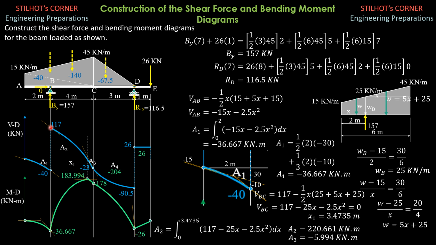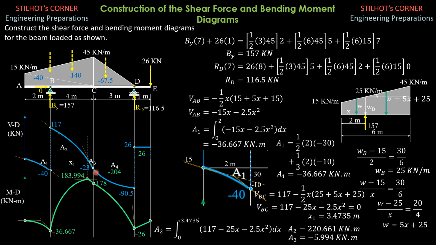So joining these 2 points with a curve tangent to the initial tangent and the final tangent, or you just describe that the tangent line is increasing negatively from negative 25 to negative 45. So that's the curve. And this is negative 23. Negative 23 plus negative 67.5 is negative 90.5.